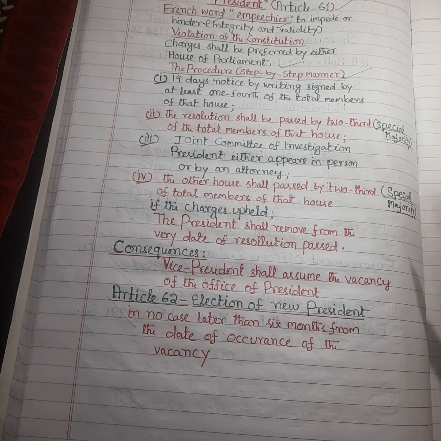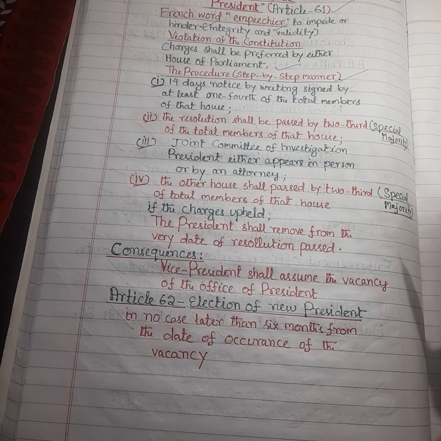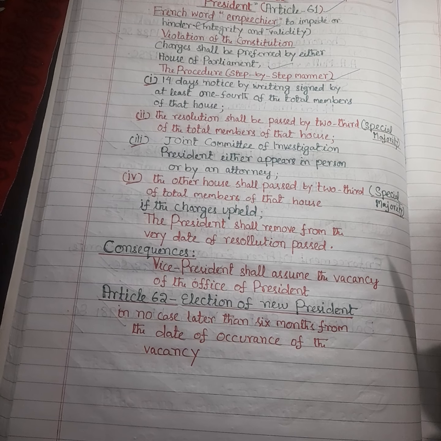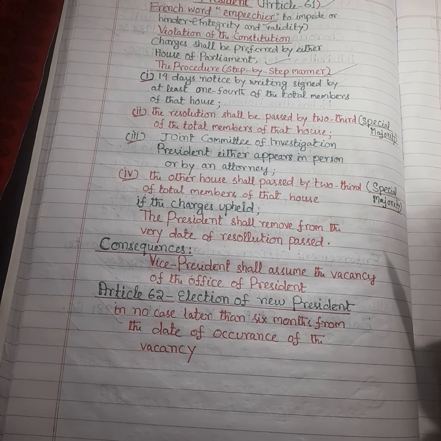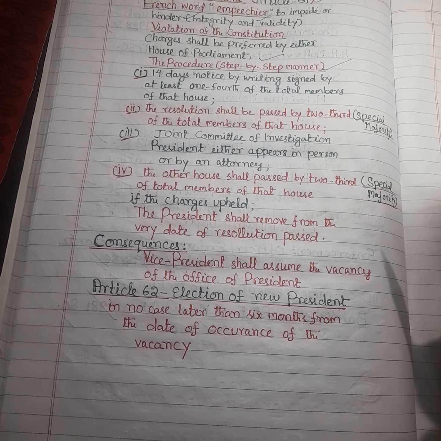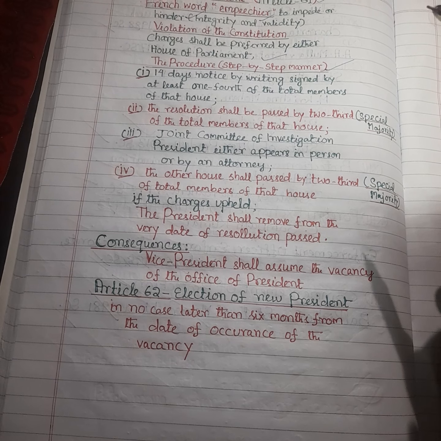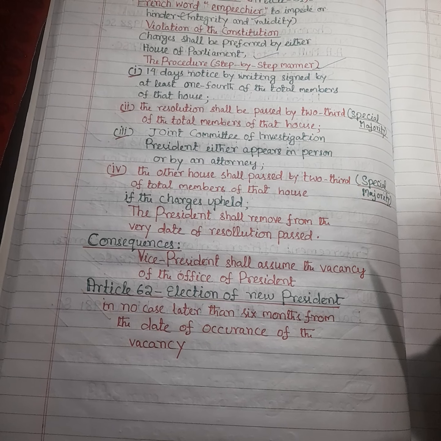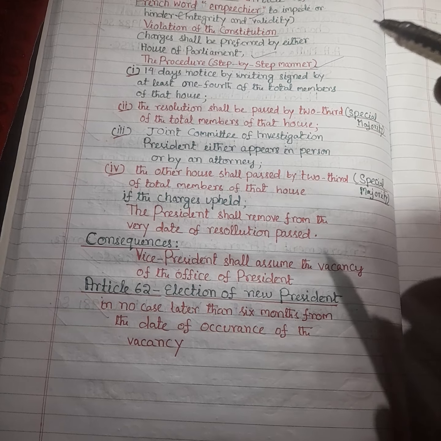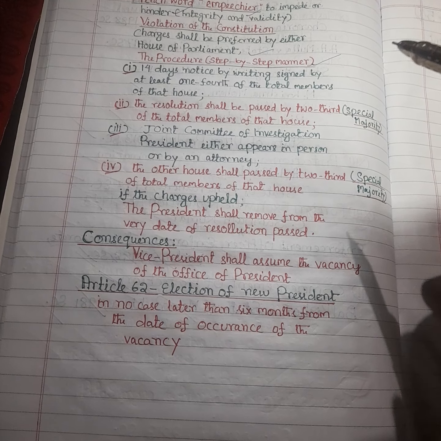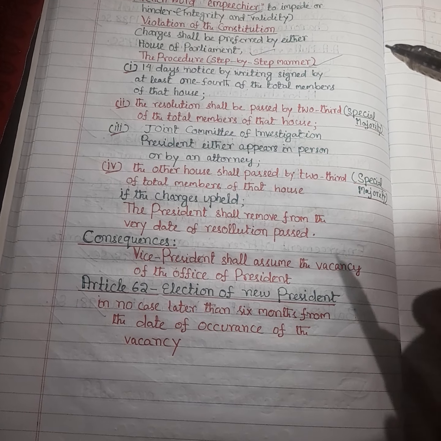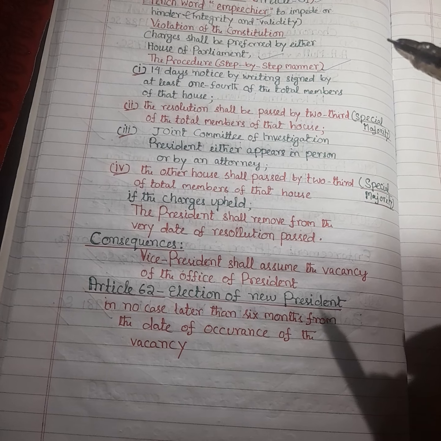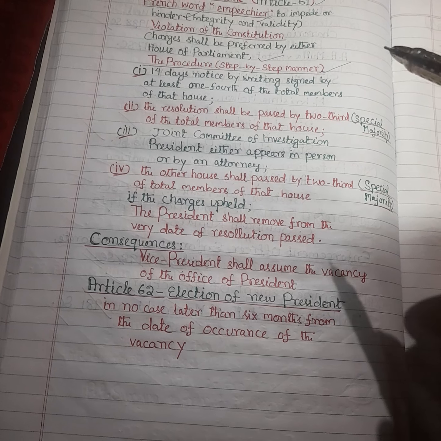So there are step-by-step procedures provided under Article 61 of the Constitution to remove the President from his office. The first step is that a 14 days notice in writing, signed by at least 1/4 of the total members of that house, to frame the charge shall be given.